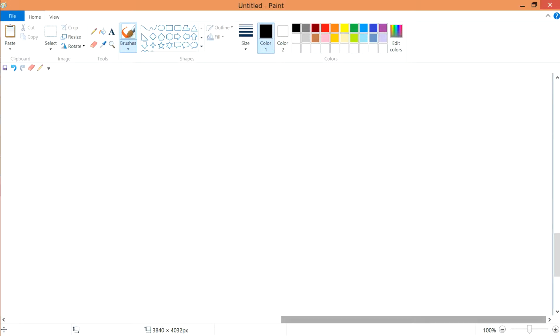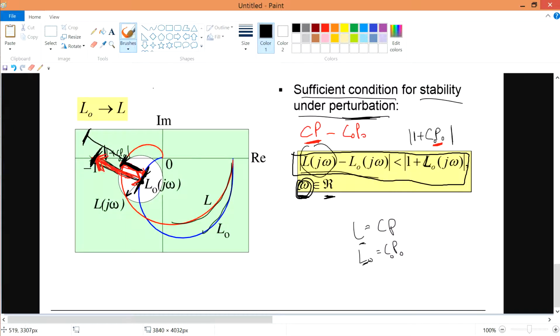If you look at this portion over here, in a different color, this is just the difference between two loops, this loop and this loop. This particular thing describes the difference. If I divide the whole thing by L0, I'm going to talk about the ratio, this difference in terms of the ratio of L0.